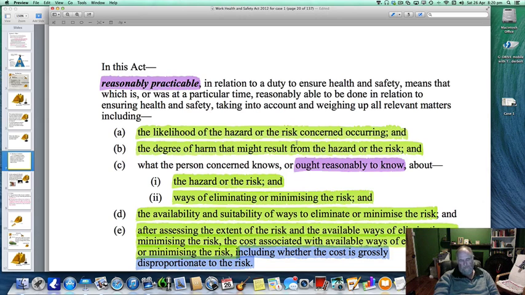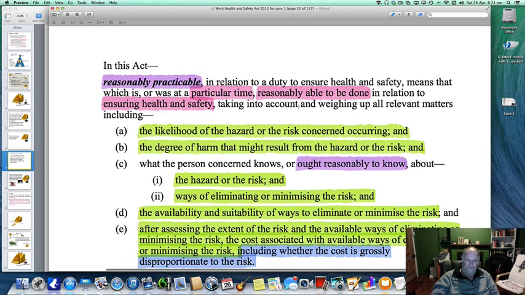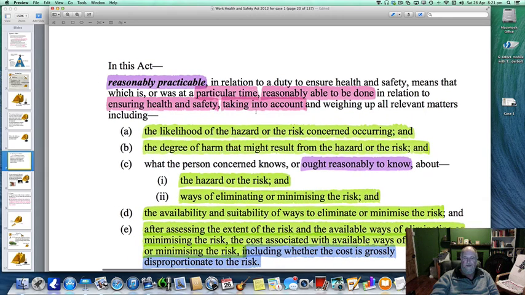So, okay, it gives you a few examples. It says, in relation to a duty to ensure health and safety, reasonably practical means that which is or was at the particular time, that's an important bit, at the particular time, reasonably able to be done in relation to ensuring health and safety, taking into account, don't you just love these, taking into account and weighing up all relevant matters.